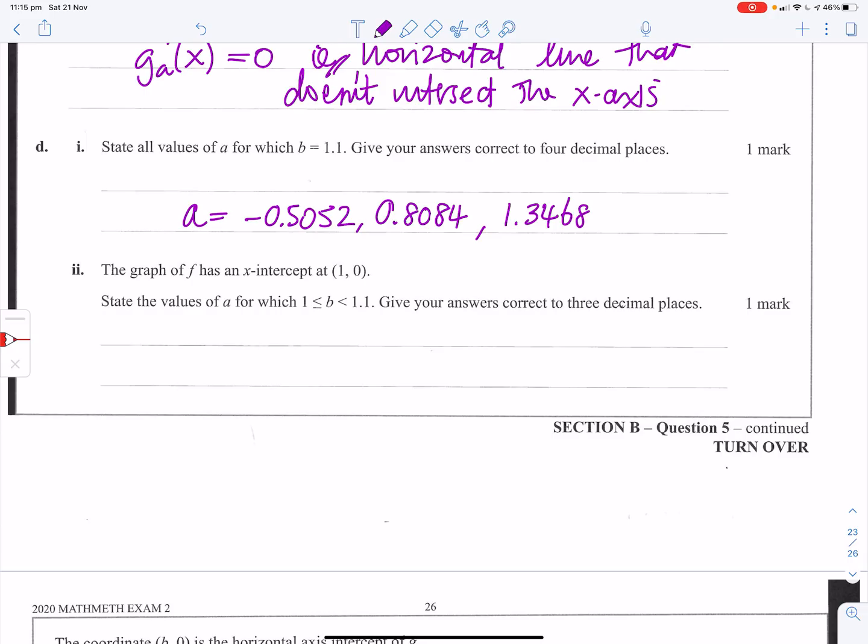The graph of f has an intercept at 1, 0. State the values of a for which 1 is less than or equal to b, which is less than or equal to 1.1.